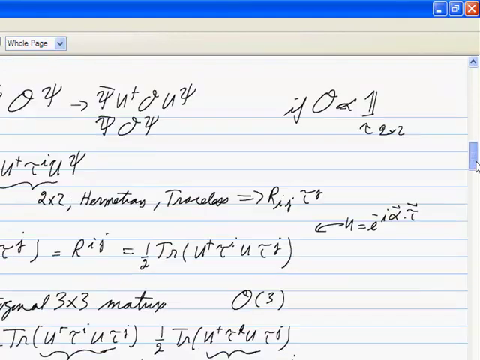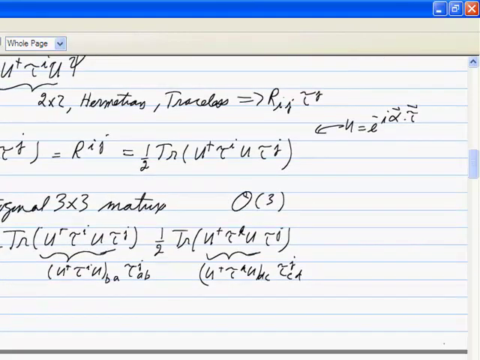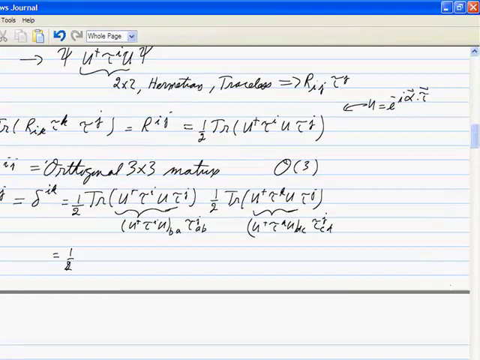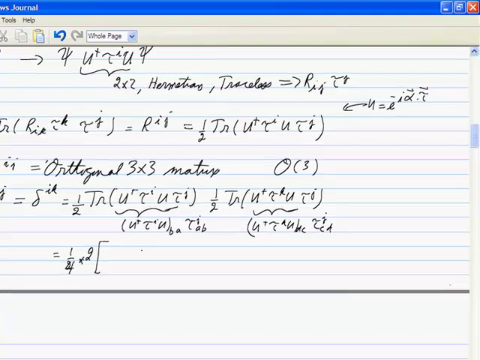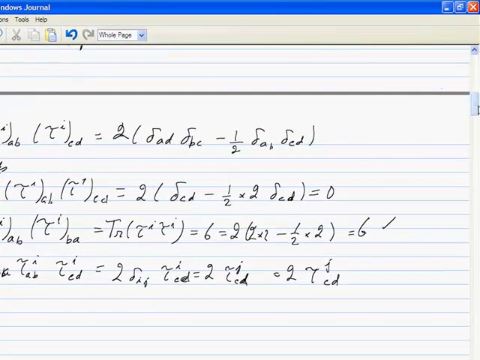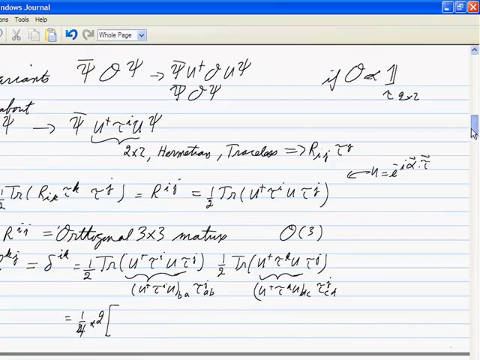So this then down here turns into 1/2 or 1/4 times 2 times, well, the first piece in that was A and D are the same and B and C are the same.